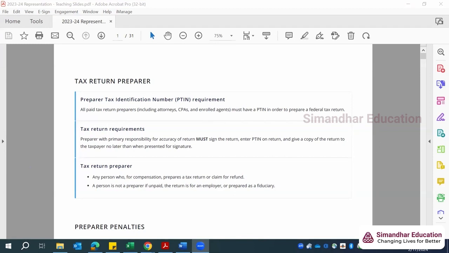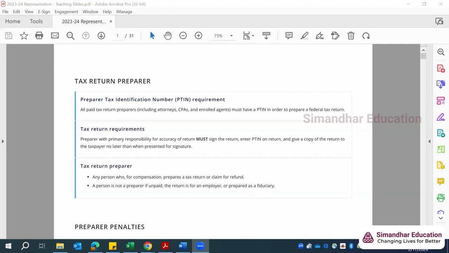So usually in the United States, if you are an individual, you will be given a social security number, which is very similar to the PAN number that we have in India. And if you are an entity, you will be given an EIN number, employer identification number. Okay.